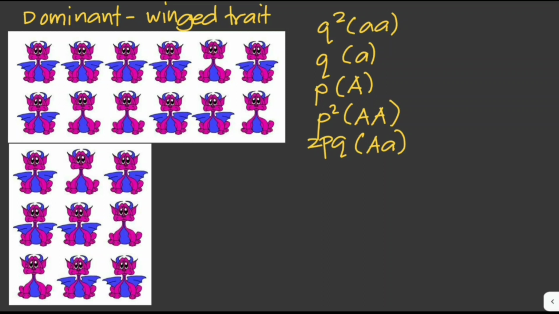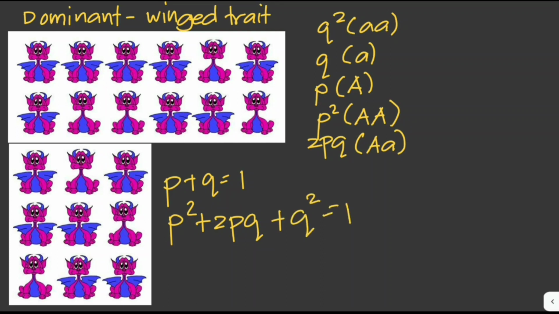So we need to find the frequency of heterozygote dragons in the population. And again, we use the Hardy-Weinberg equations, which are p plus q equals 1, and p squared plus 2pq plus q squared equals 1.